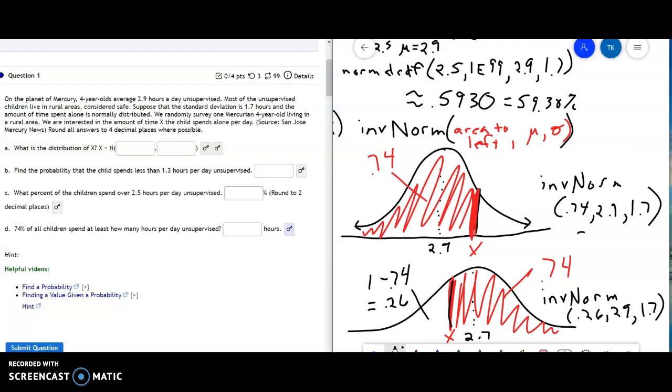If the first picture is right, you would be getting an answer of 3.99 hours. So I'm going to put a question mark by that. If the second way is right, give me a second to type this in, you would be getting an answer of 1.81, let's say 806 hours.